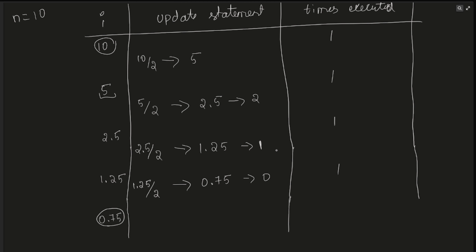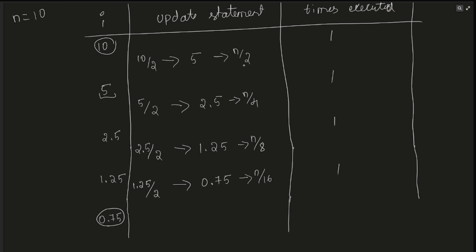Okay, can't we write this as n by 2, and 2.5 as n by 4, 1.25 as n by 8, and 0.75 as n by 16? Can't we write it this way? Yes, all values are proper.